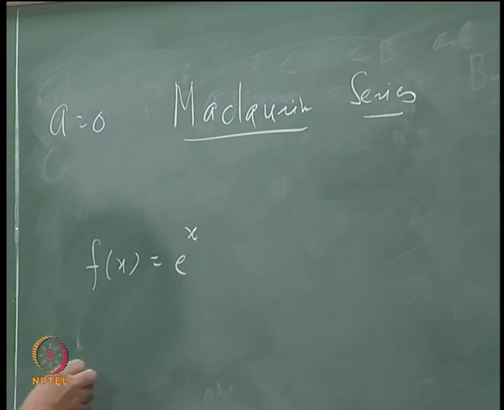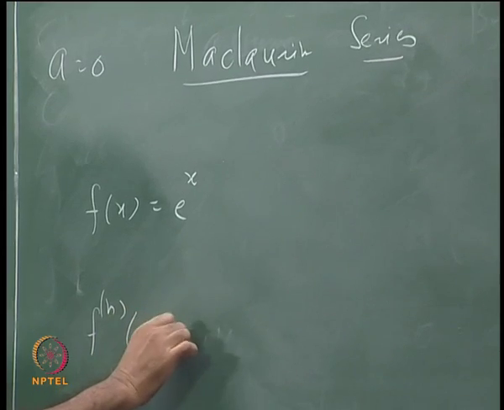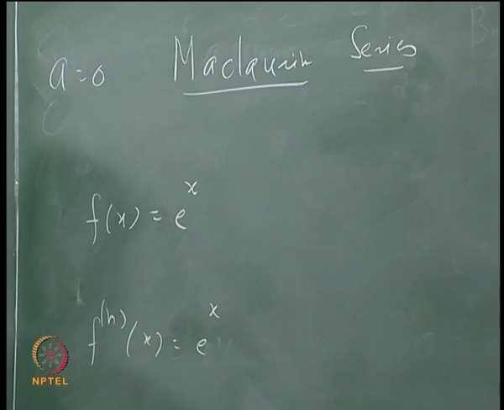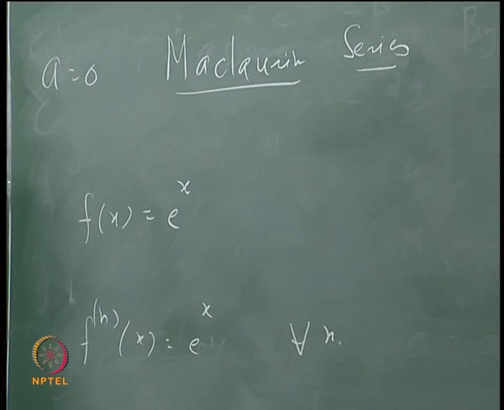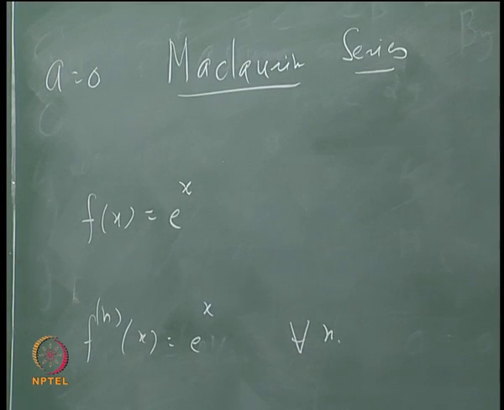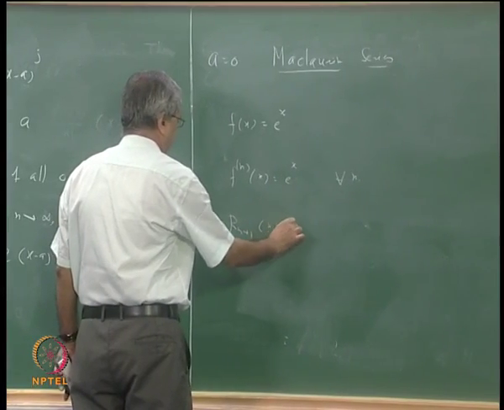So we know that f^(n)(x) is the same as e to the power x for all n. So for any x, if you look at R_{n+1}(x), what is that?